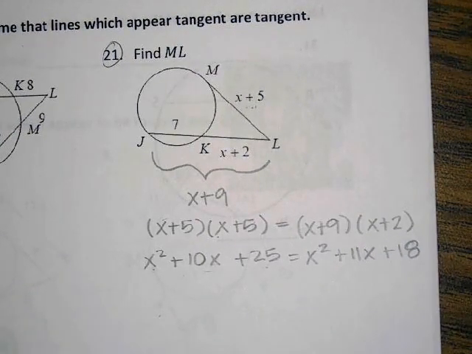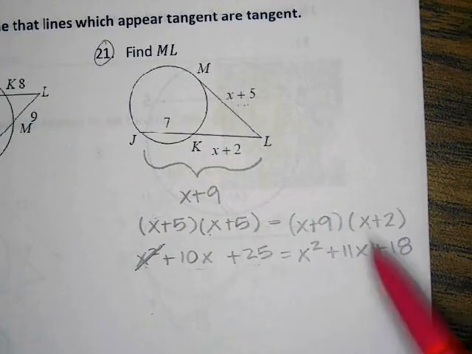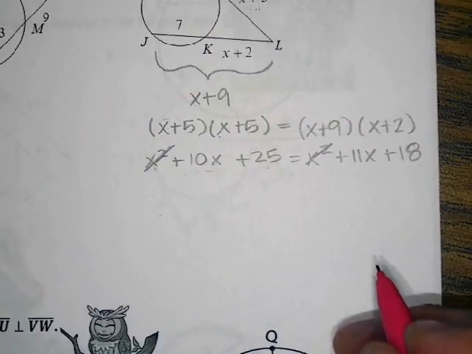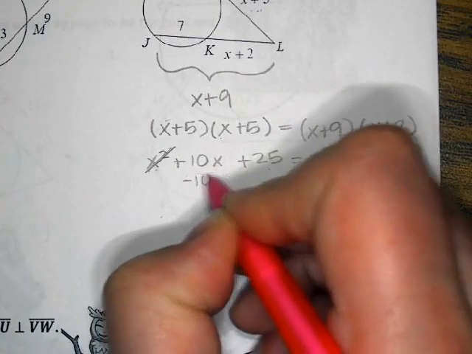Okay, and just like the last one we did when we did number 15, the x squareds are going to go away because we only have one of them on each side. And then what would you guys like to do next? Okay, so subtract the 10x. So 25 equals 1x plus 18.